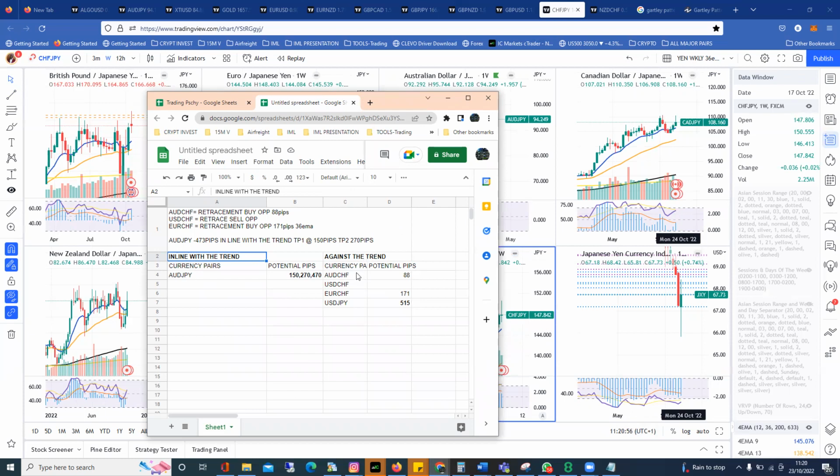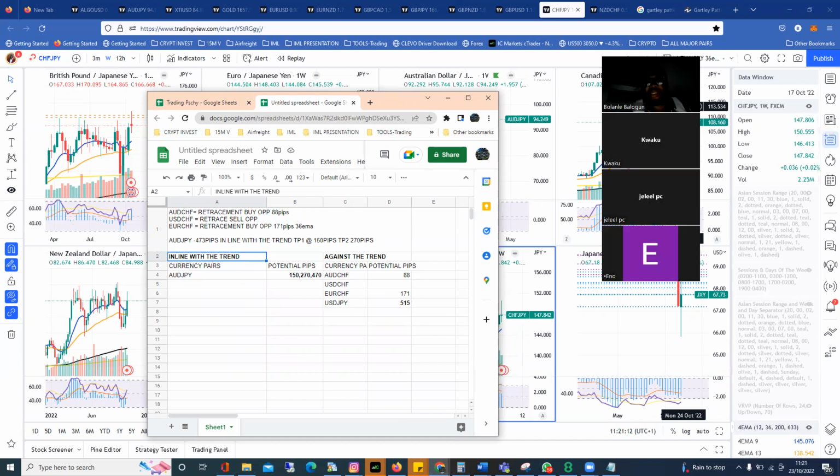Against the trend is so many trades, okay? So if these are against the trend, you will want to put a much lesser lot size on a trade that's against the trend, while you want to put a much higher lot size on a trade that is in line with the trend.